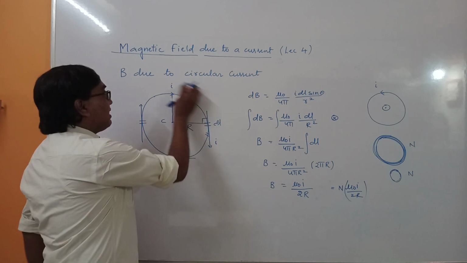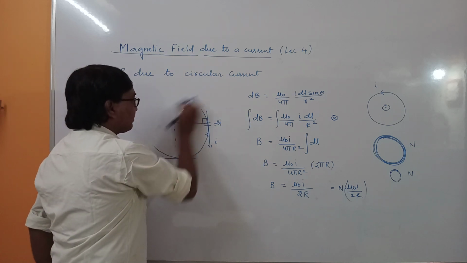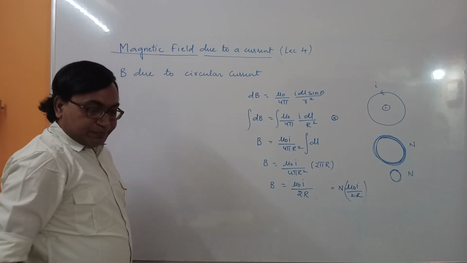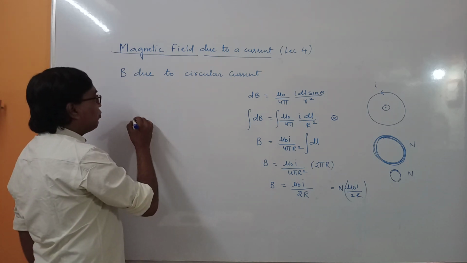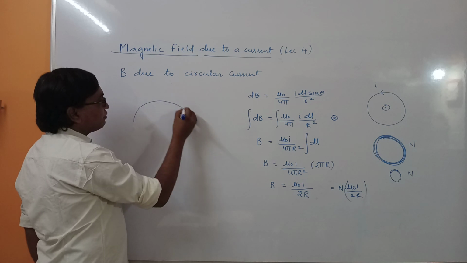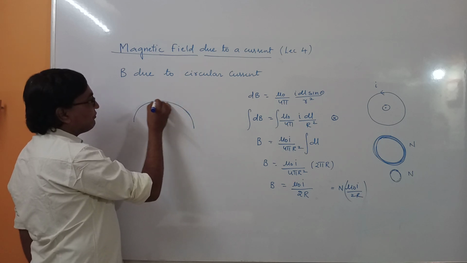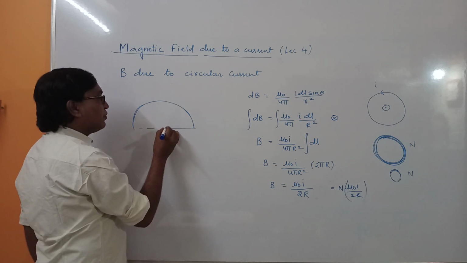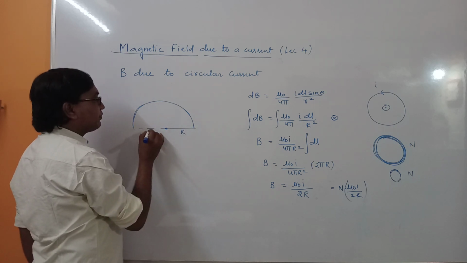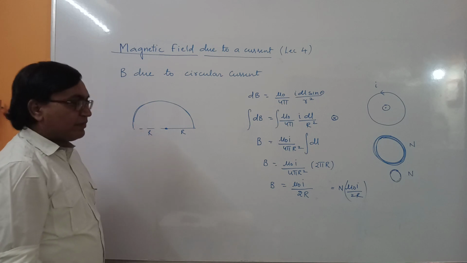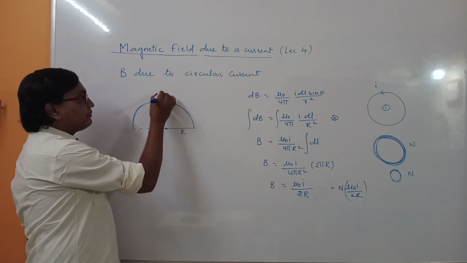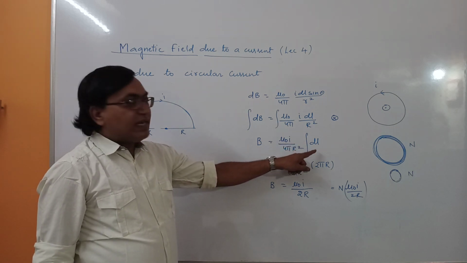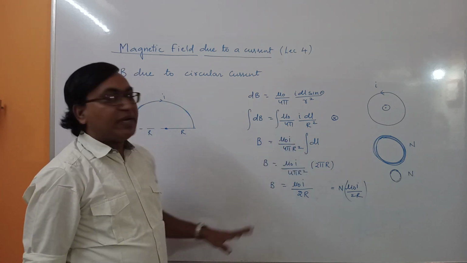Now this circular current may not be the full loop, you may have a half loop. So the loop is half. This is R, this is R, radius. Current is I. If you have seen here, we have integrated the length of this current element.